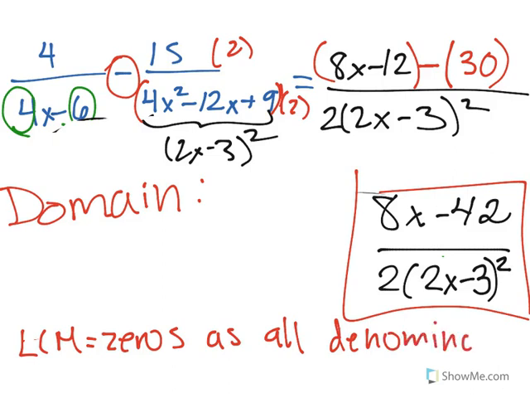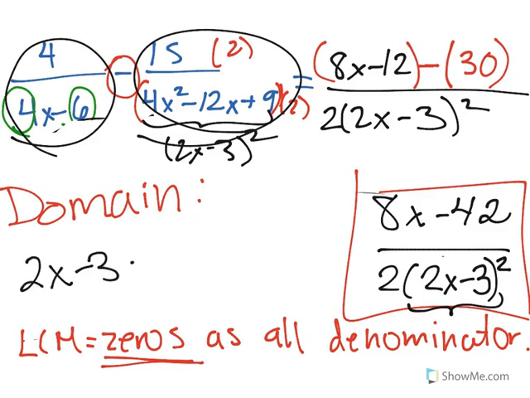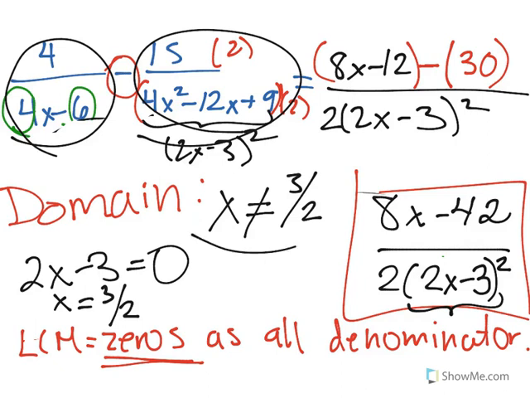So by stating the x's that would make the LCM undefined, we're actually stating all the x's that would make any of the two terms undefined as well. So in this case, we see that there is actually only one x that makes this happen, which is when 2x minus 3 is equal to 0. So that's when x is equal to 3 over 2. So the domain is any x except x equal to 3/2. And so that's our solution.